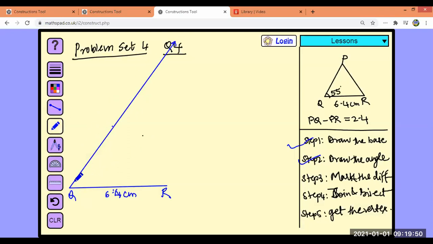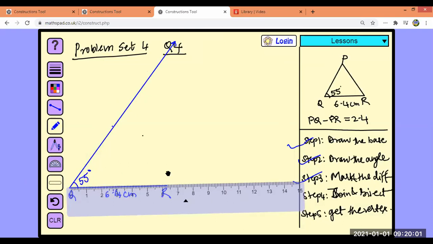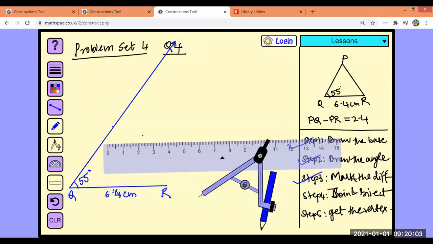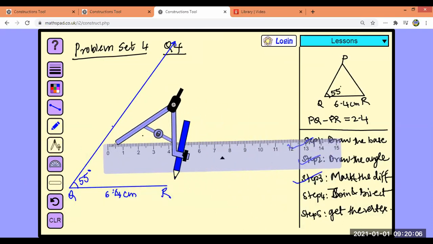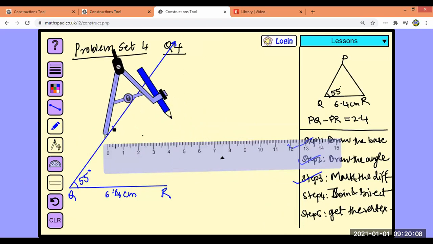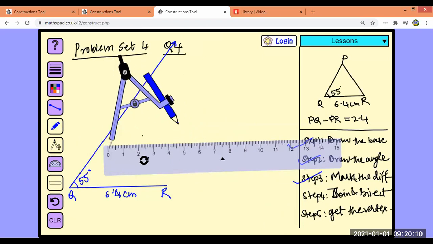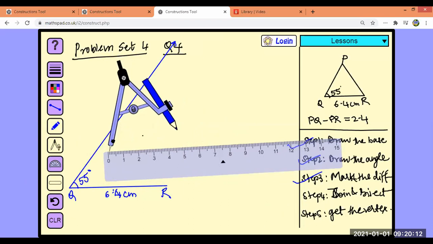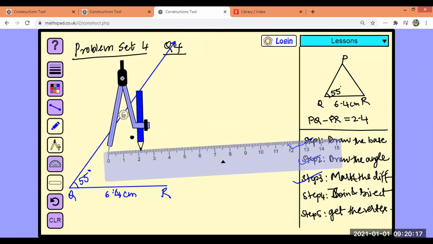Right? We are done with drawing angle 55 degrees, and now we have to mark the difference. So what is the difference? It's 2.4. So on the ruler, I am going to use the compass to get 2.4 centimeters. So here, place the steel point on 0 and using the compass, measure the distance 2.4 centimeters like that.